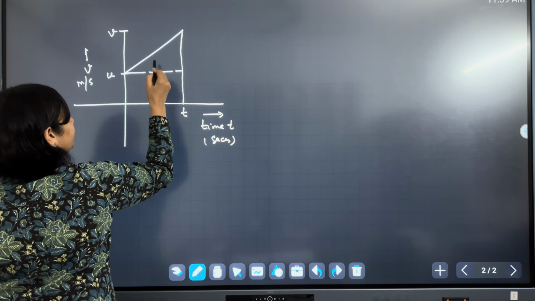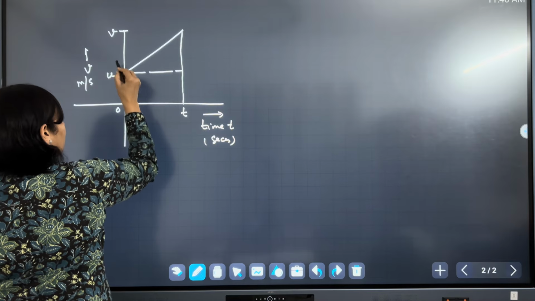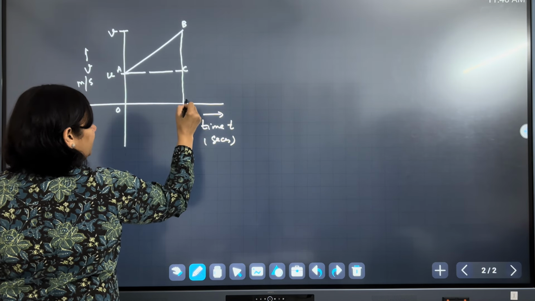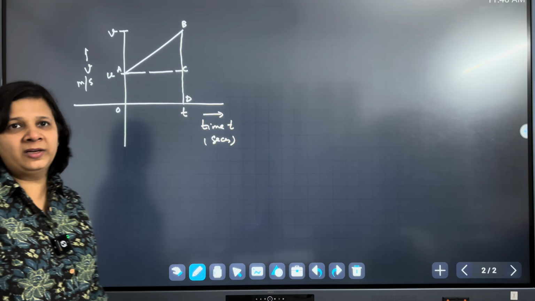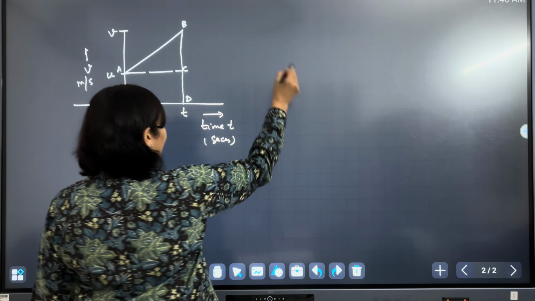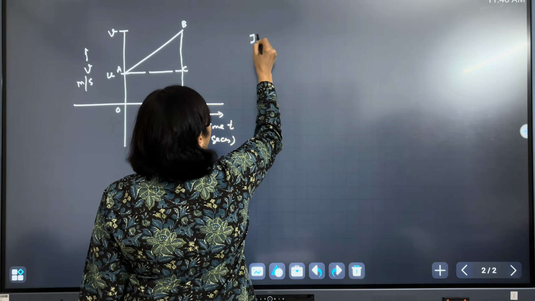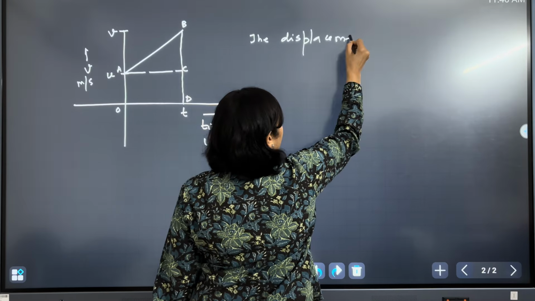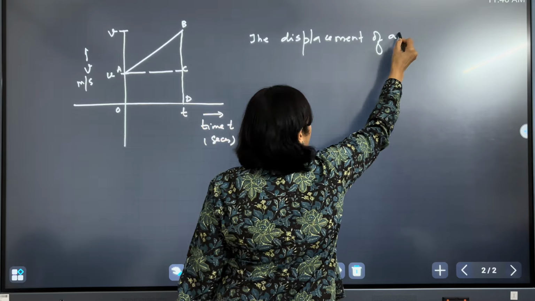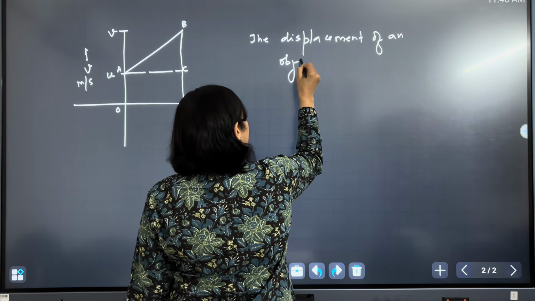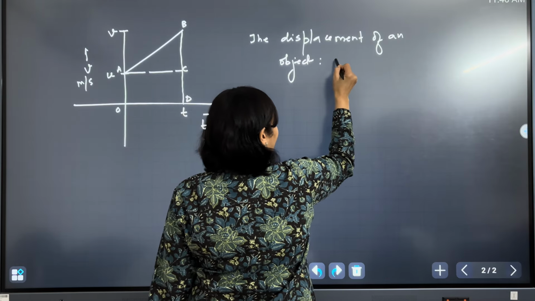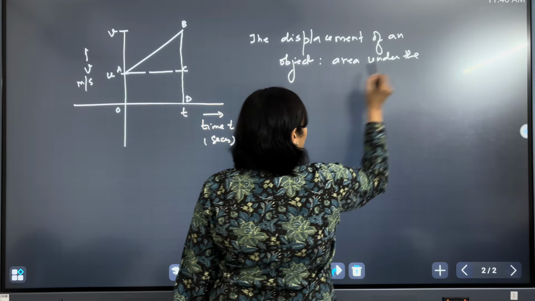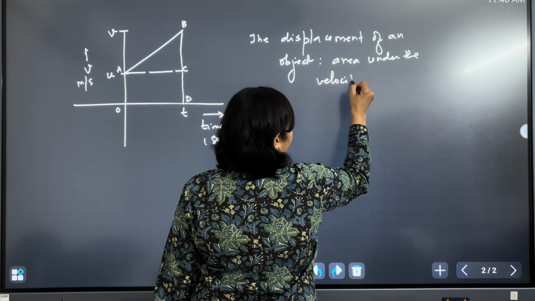So, this is O, A, B, C, D. I am just marking the points so that it becomes easy for us. Now, the displacement of an object is given by the area under the velocity time graph.